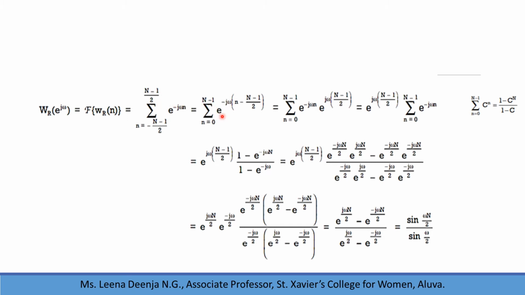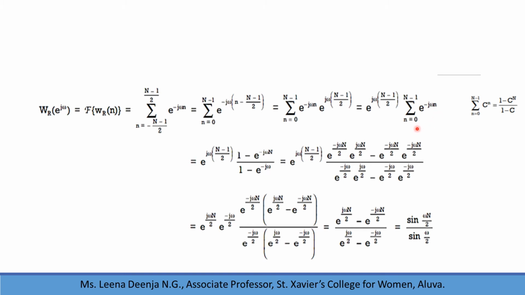That is equal to e raised to minus j omega, now n is n minus (N minus 1) by 2. So it is equal to the sum from n equals 0 to N minus 1. Then separate this. So it is e raised to minus j omega n into e raised to plus (N minus 1) by 2 into j omega. That is equal to e raised to j omega (N minus 1) by 2 into the sum of e raised to minus j omega n.